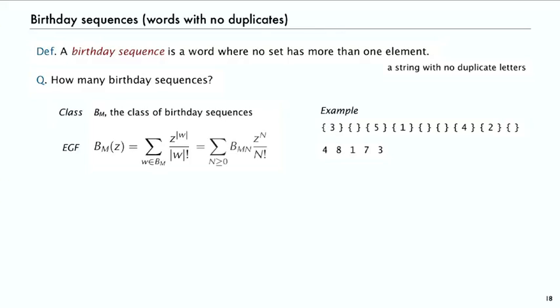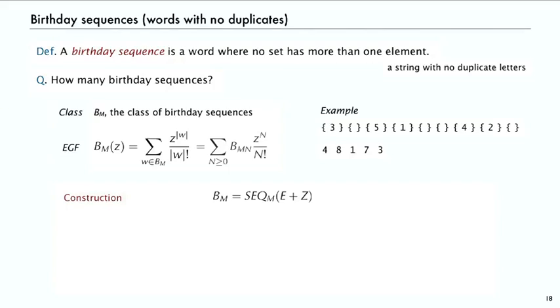Again, it's a string that has no duplicate letters, or a word where everybody has either 0 or 1 occurrence. So what's the construction for building birthday sequences? Well, it's pretty simple. We have m urns, we have a sequence of them, and every urn is either empty or has one element.